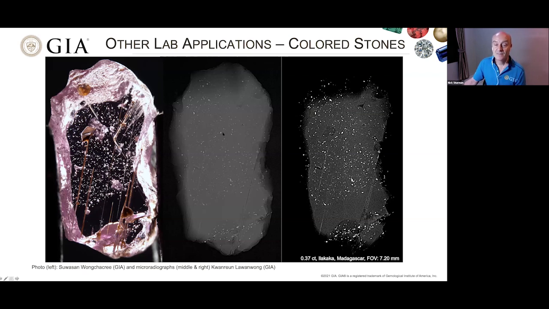And you can see that all of these crystals, when we increase the contrast, show up as very obvious opaque areas within the stone. So obviously the element within these crystals must be pretty high, and there must be a high atomic number in the structure of these crystals. So you probably have an idea of what these are already without me telling you.